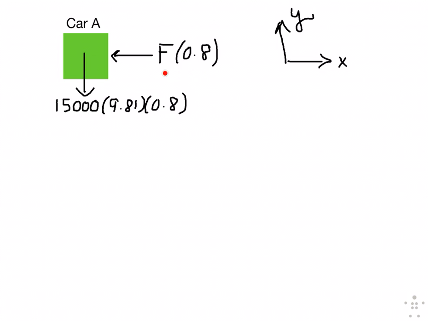I'm showing it going in this left direction because that is the direction of force from B onto A. I'm also showing the weight. The weight going down is also a force in the y direction. In this case, we are not going to use that force. We're only going to use the x direction of our force.